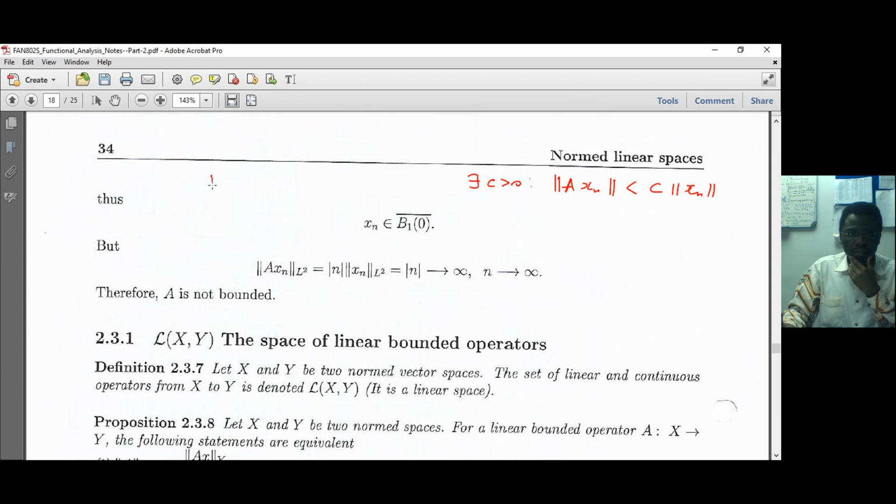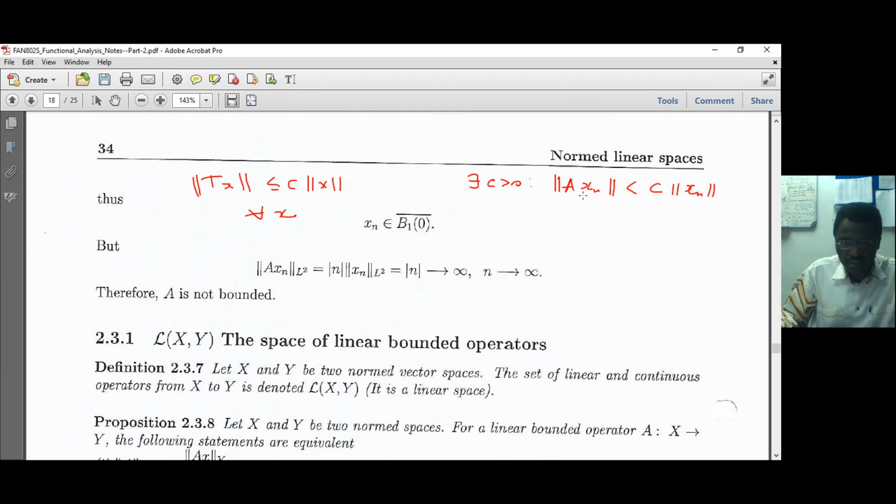Remember, when we apply the operator to x, we say that this is true for any x. If A were bounded, it means that we could find such a C so that this is true for any argument. And particularly if you take the argument to be this sequence, what does this mean? That is true for any x.